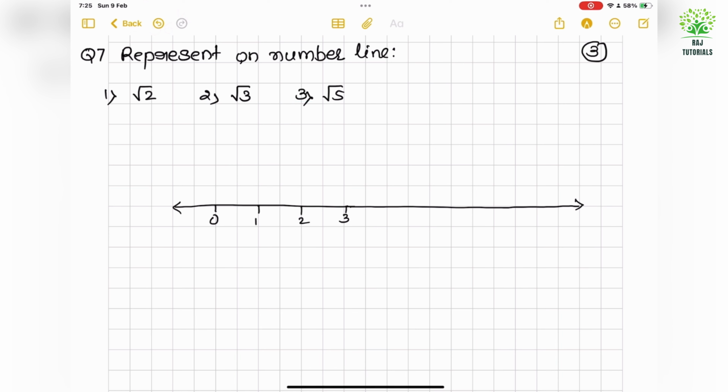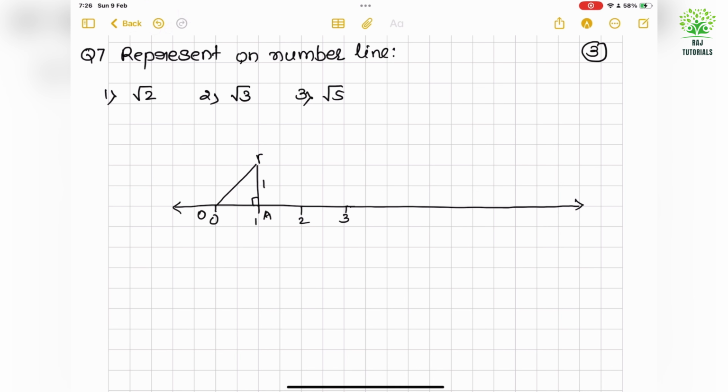So from 0 to 1 I will make 1 unit, and then at 1 I will make a perpendicular line of the same measurement, that is 1 unit. So its measurement is 1 unit and this is perpendicular.